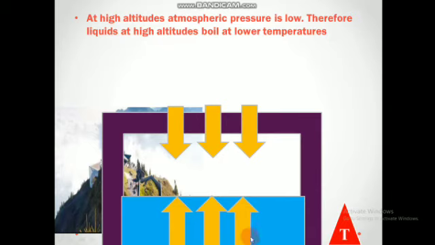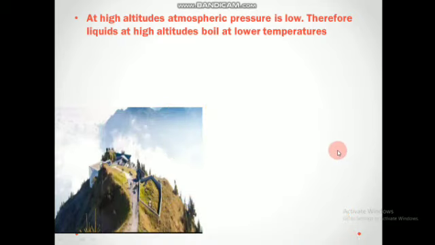So they will start boiling at lower temperature, as they need just lesser pressure to cover up the lesser pressure applied by the atmosphere. So the back pressure applied by the liquid can also be lesser at lesser temperature, and they boil early or at lower temperature.